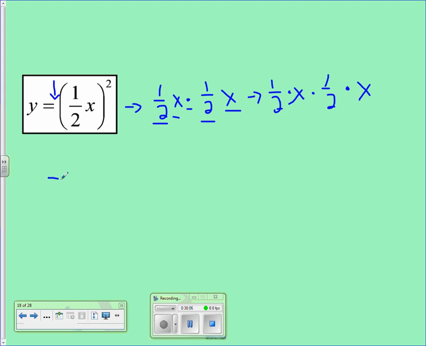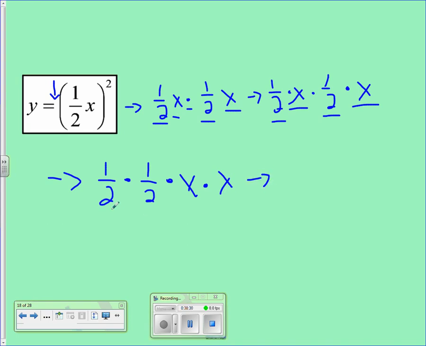And if we keep going, put your numbers in front and variables in the back. We have 1/2 times 1/2 times x times x. Okay?